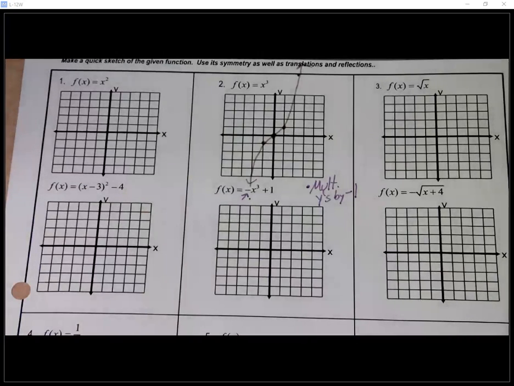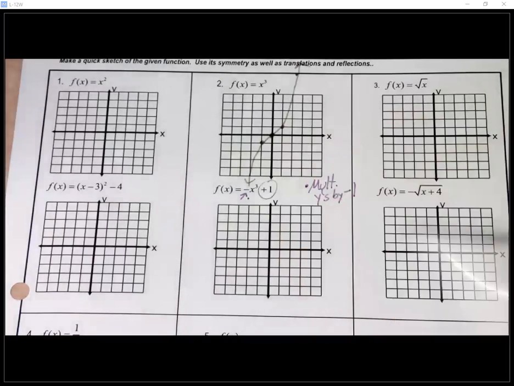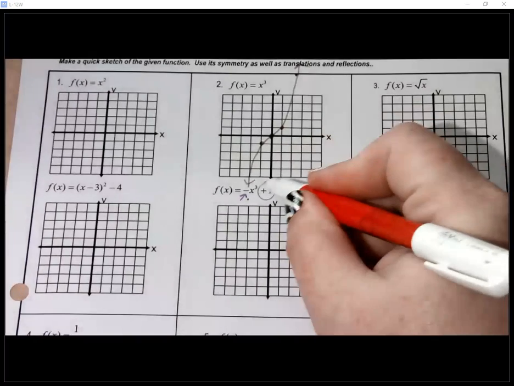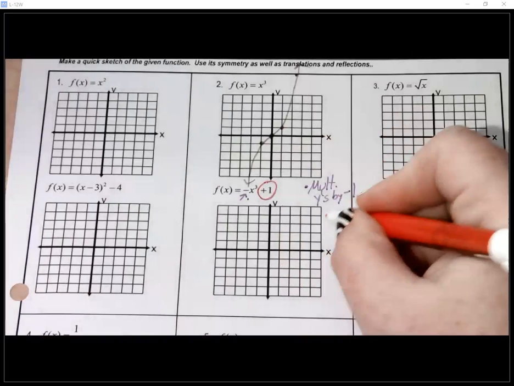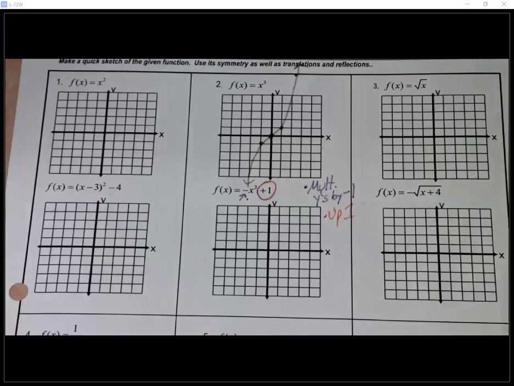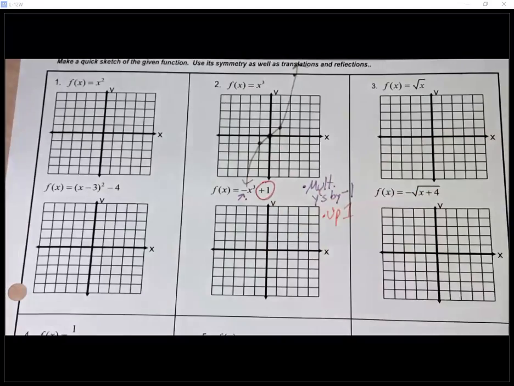All right, so I'm going to multiply my y's by -1, and then this thing tells me to do what? The +1 on the end. Move it up. Yeah, I'll shift my whole graph up 1. Okay, so I'll do the purple first, multiplying the y's by -1.